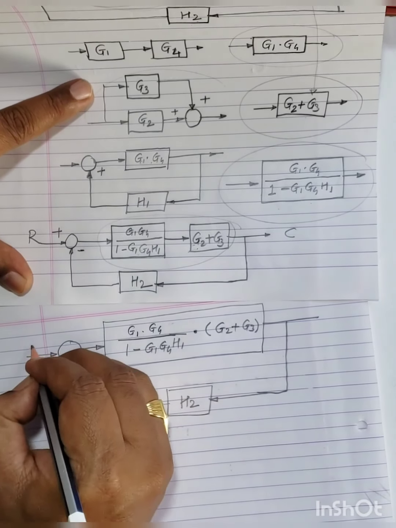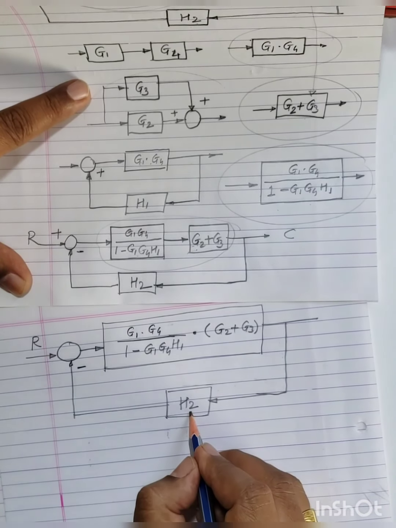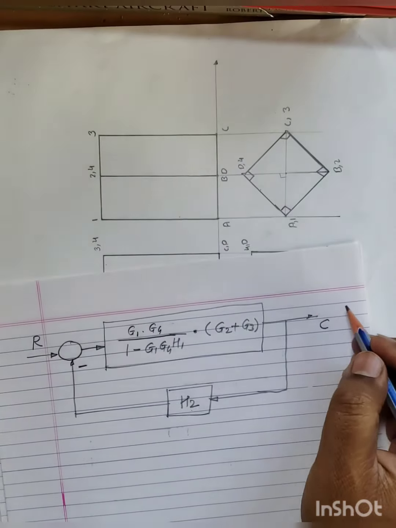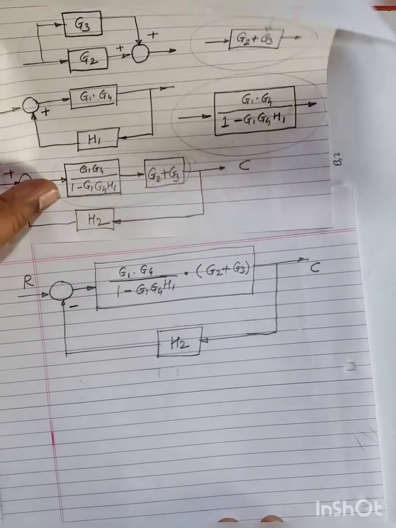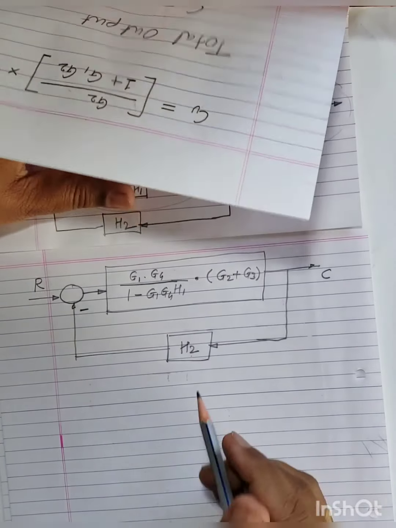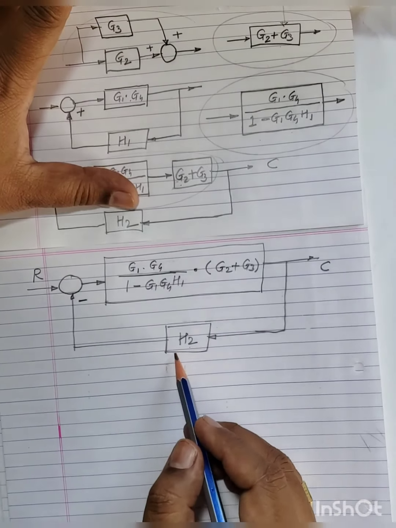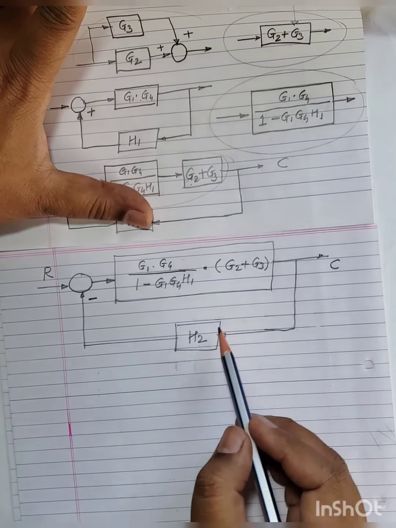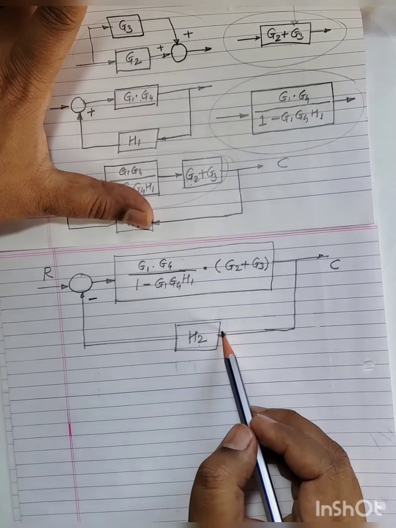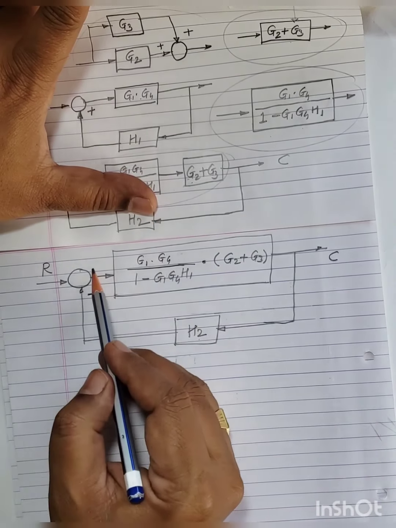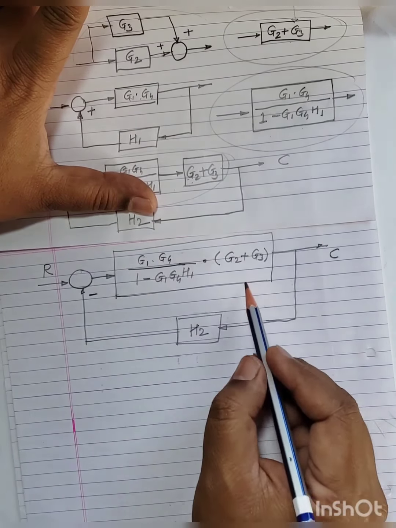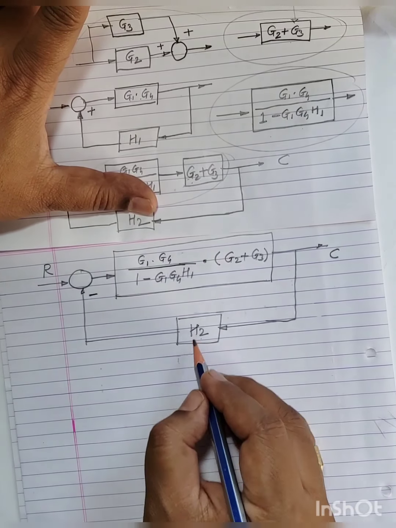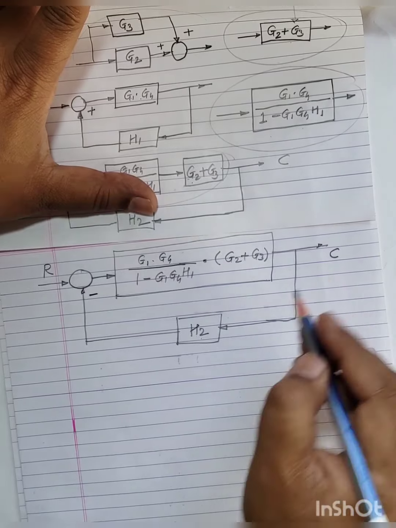So minus, this is R, this is H2, and this is output C. If you cross check, now this is again a closed loop system. This is the forward loop transfer function, and this is the feedback loop transfer function, and this is a summing point. Now we will apply the same process. What will be the equivalent transfer function?